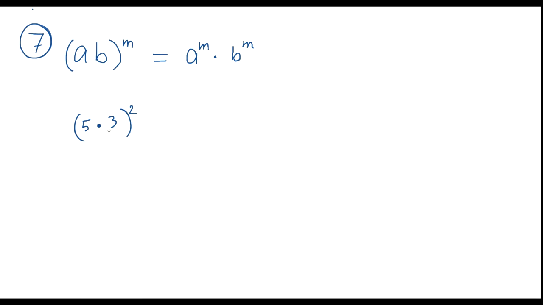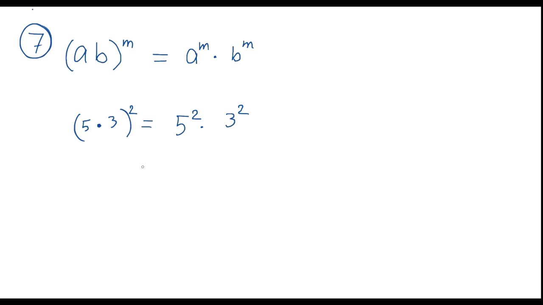It is 5 multiplied by 3. And they are raised to second power. It will be written as 5 squared multiplied by 3 squared. Both are the same meaning. This expression and this expression are the same meaning.